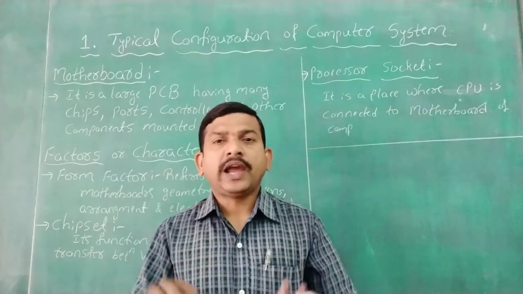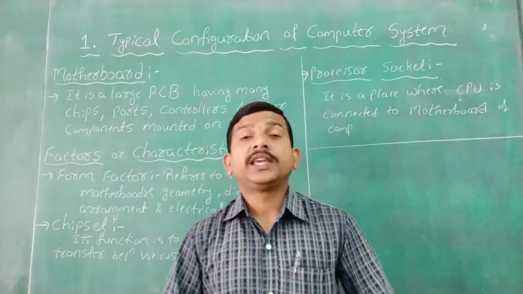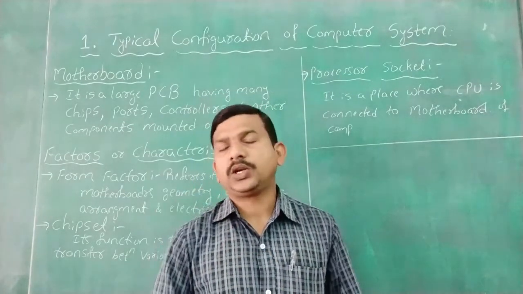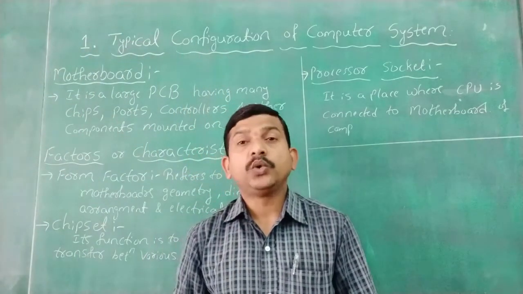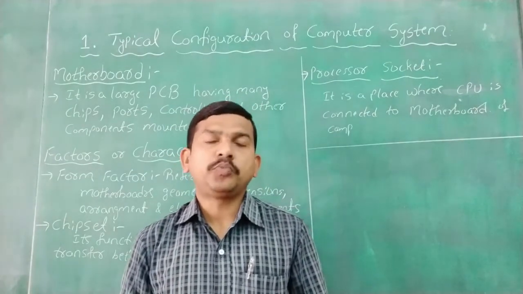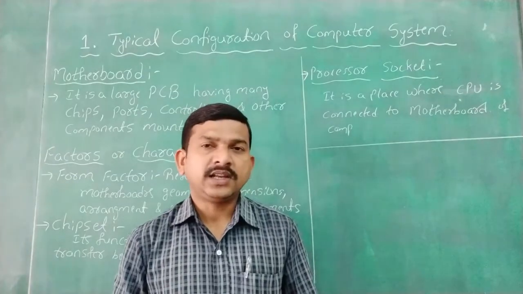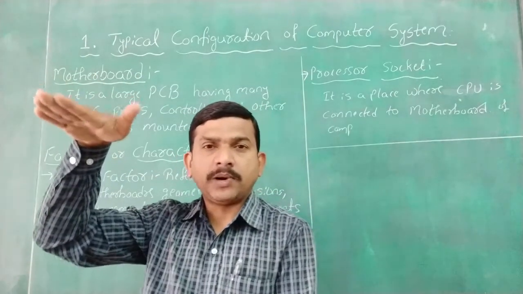The keyboard and mouse, whatever devices we are using, are all input devices. With the help of those devices we are supplying data to the computer system. Then the screen, the monitor, we call it an output device, which means it gives the result. And the third one, that CPU box, we normally call dabba.